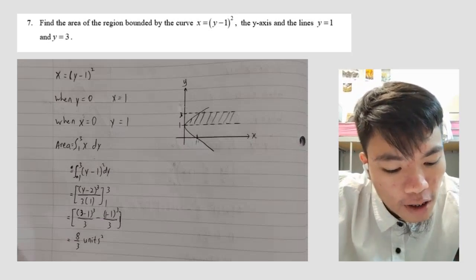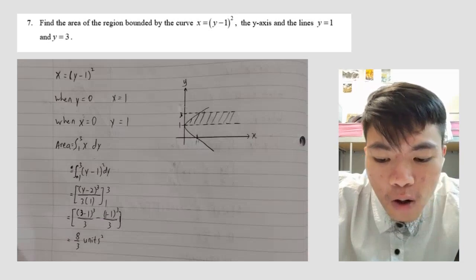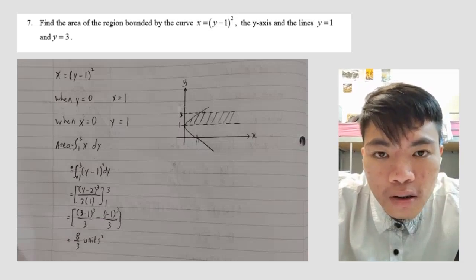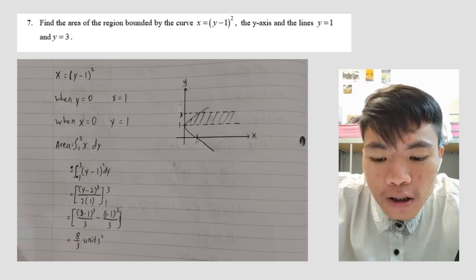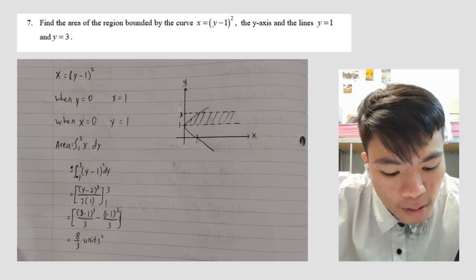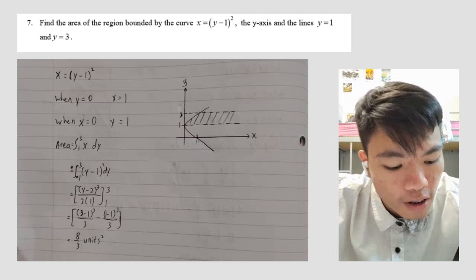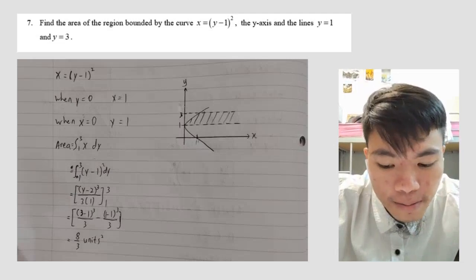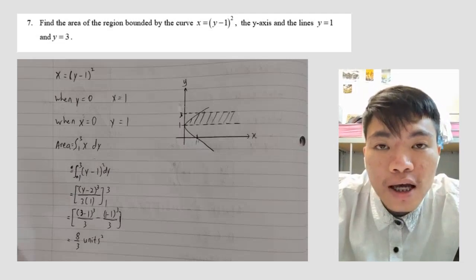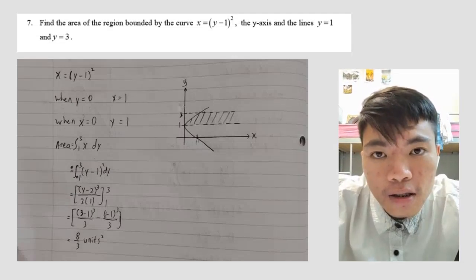We integrate this and we get (y minus 1) cubed over 3, then we substitute the values 1 and 3 into y. We get the final answer, 8 over 3 unit squared.